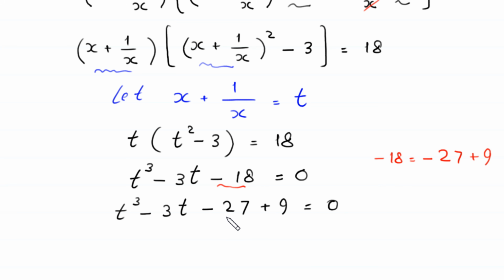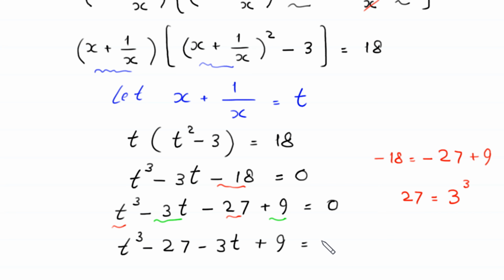Now because this 27 is equal to 3 cubed, so we write this 27 with this t cubed, and we write this 3t with this 9 like this. T cubed minus 27 minus 3 times t plus 9 is equal to 0.